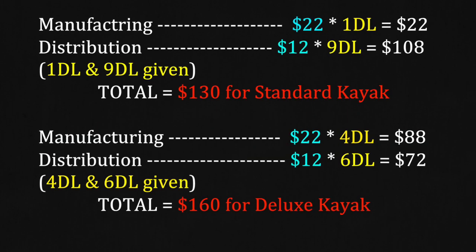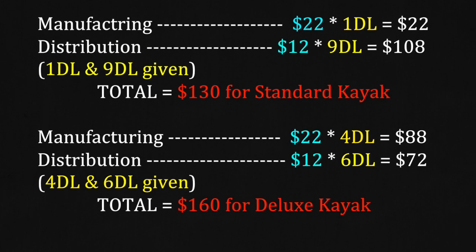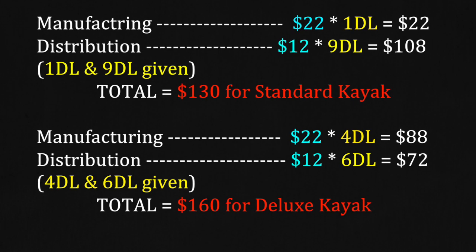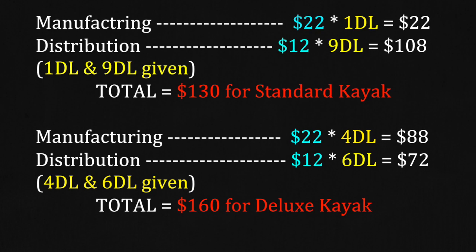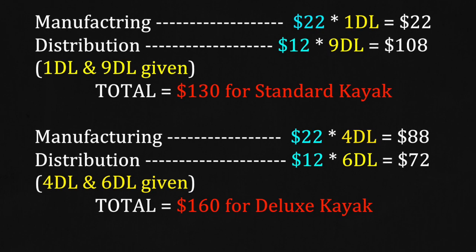Now we will be looking at the kayak example from before. We have our manufacturing and our distribution department, but we also have jobs for a standard kayak and a deluxe kayak. As we look at the top, we see that the manufacturing has 22 times 1 direct labor hour, which is given, and then distribution, which is 12 times 9 direct labor hours given.